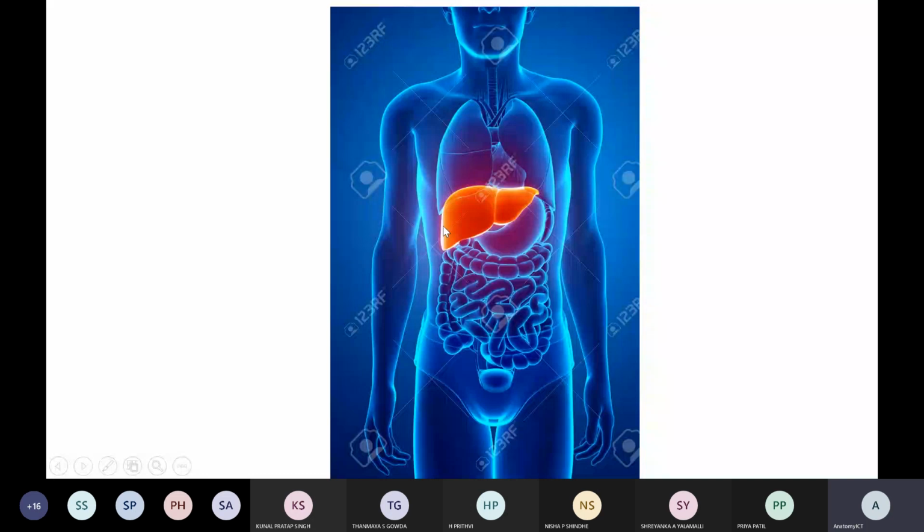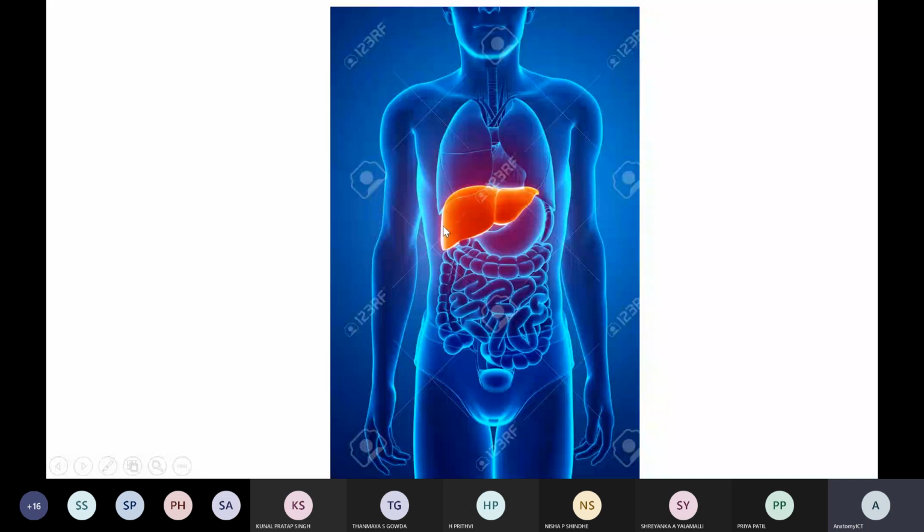The abdomen is divided into nine regions. We have taken the subcostal line and the tubercular line, and these are the lines we used to divide.